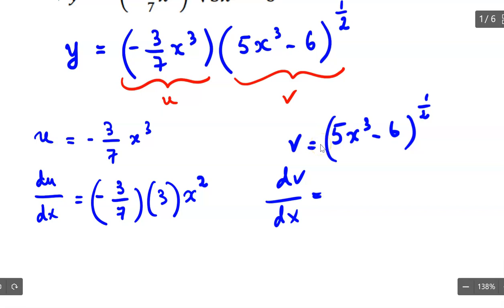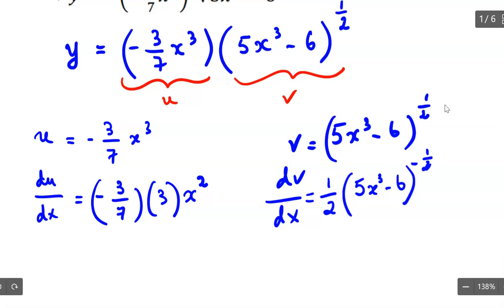In this case, it is an invisible number 1. So I will have a half times 1, so that is a half. And I rewrite the exact expression. At the same time, I have to take 1 away from this exponent, so a half minus 1 will give me negative a half.